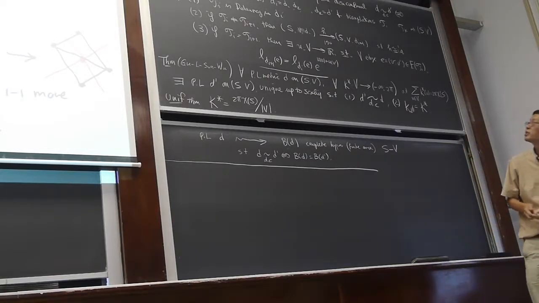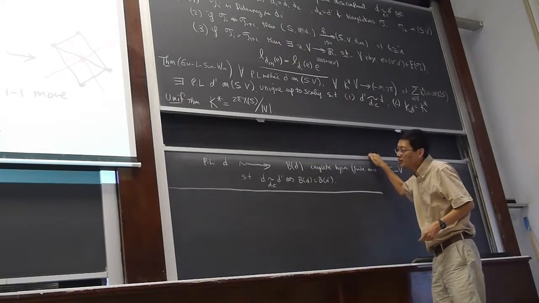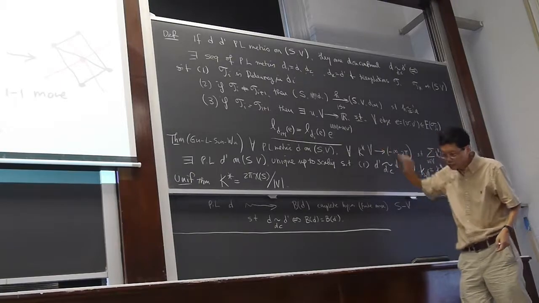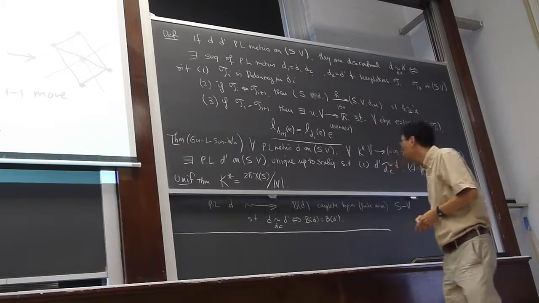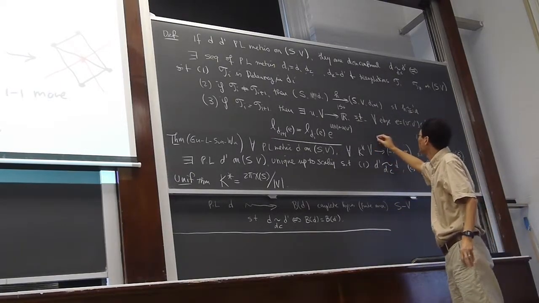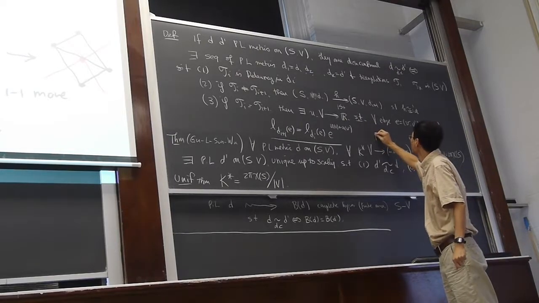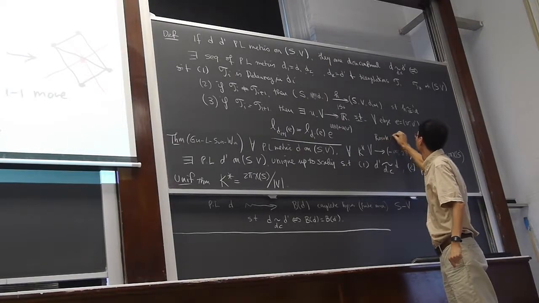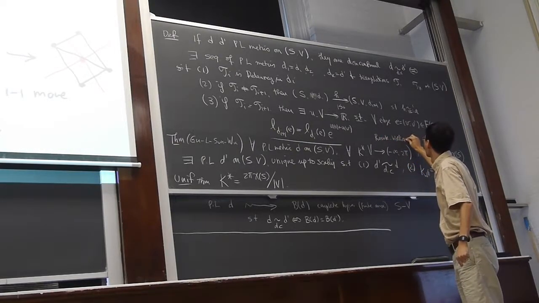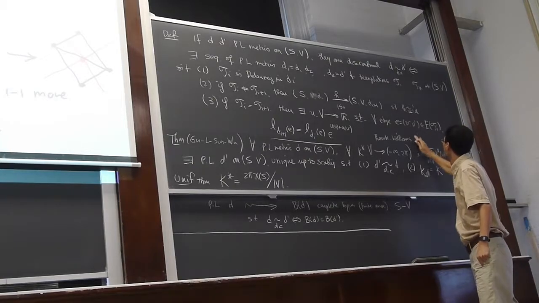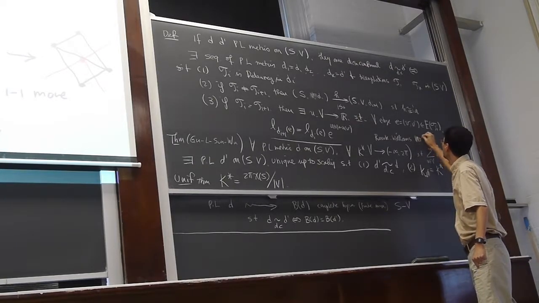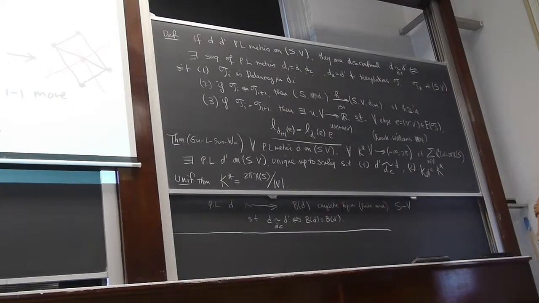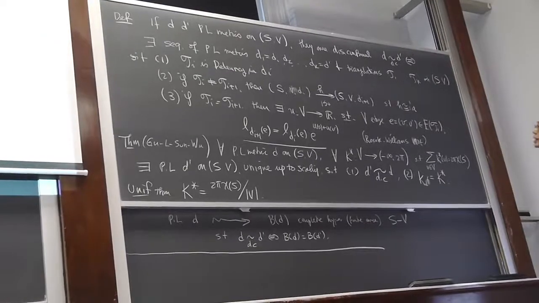And let me also say a few words about this definition here. This looks a little bit strange, but it was first defined by two physicists, Rocek and Williams. They were working in 1984 on discrete Regge calculus, the discrete general relativity, and they defined that.